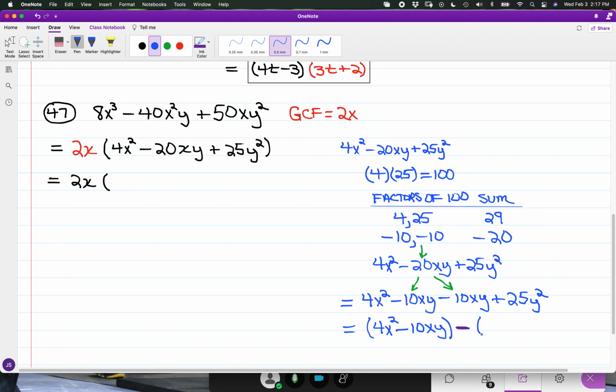If the middle operation is subtraction, you're thinking of quantifying the last two terms in parentheses while conceptually factoring out negative 1. So minus 10xy is going to be the opposite sign of 10xy, and 25y squared is going to be the opposite sign of negative 25y squared.